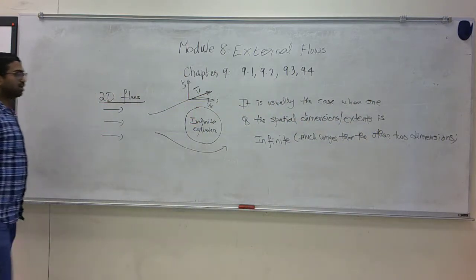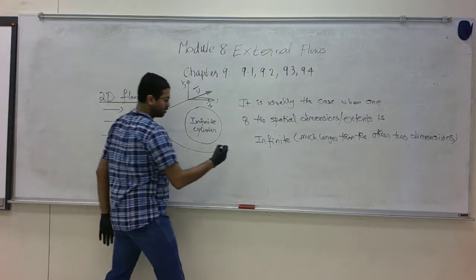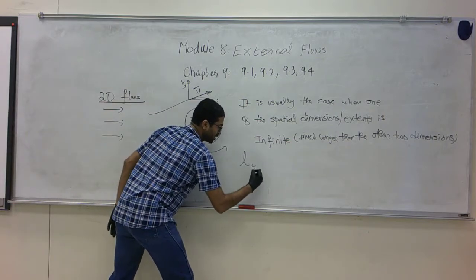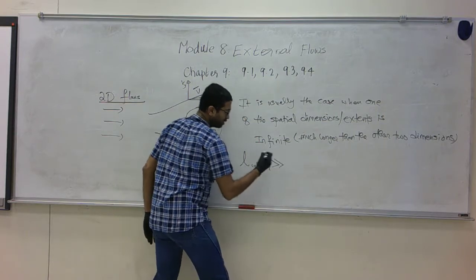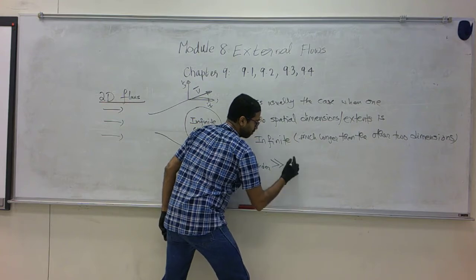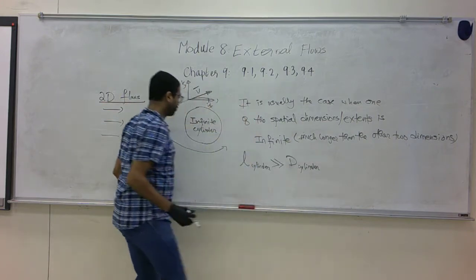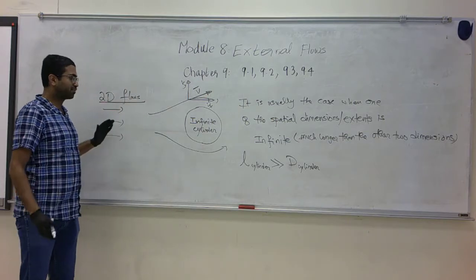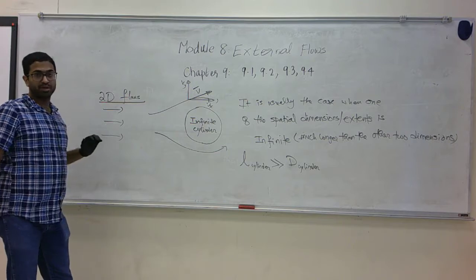In this case, for the infinite cylinder, if the length of the cylinder is much greater than the diameter, then we can approximate this flow as the flow over an infinite cylinder, and it is a two-dimensional flow.